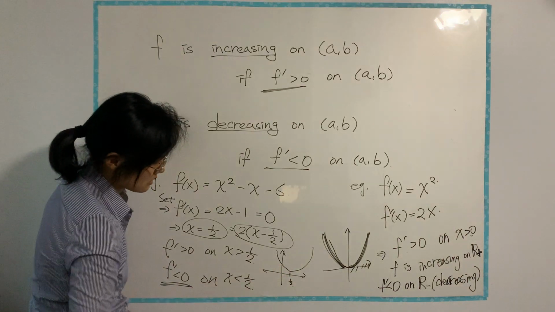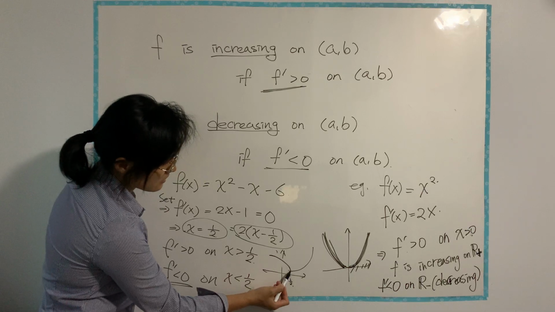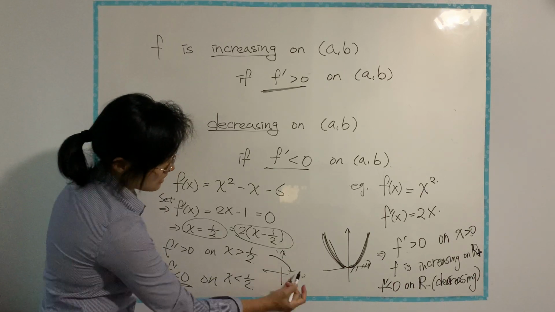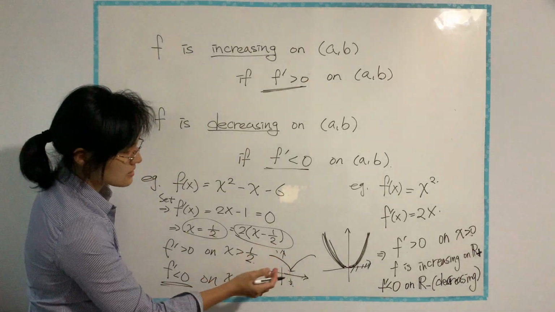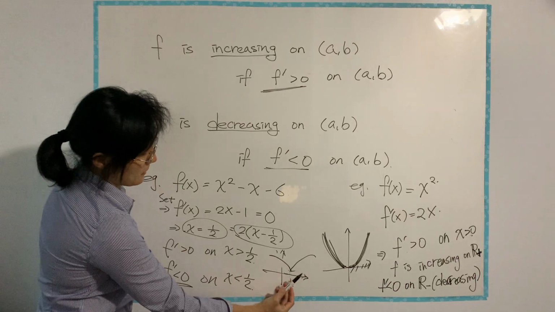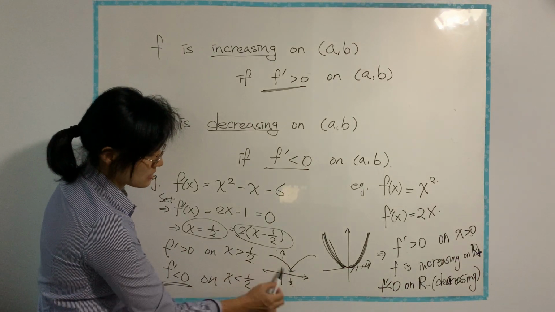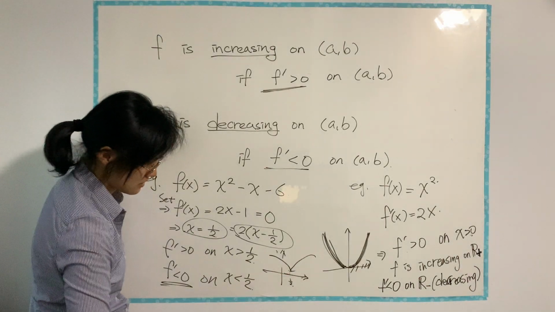It could decrease this way, and does not necessarily increase that way. It could increase that way. Okay, but at least I know that before x reaches a half, the function decreases. After x reaches a half, the function increases.